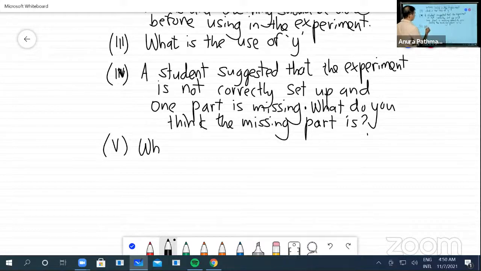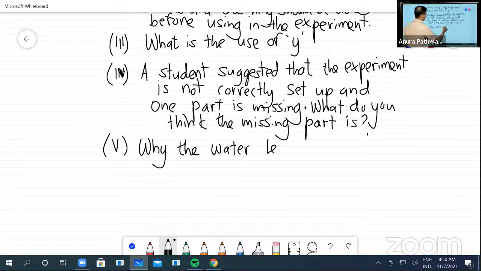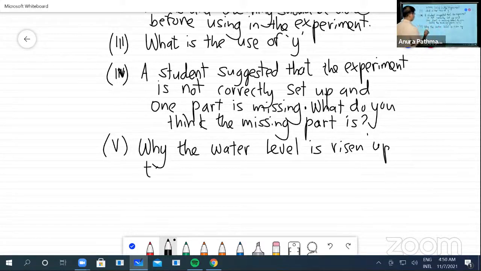Why the water level is risen up to X. Six. Why the water level is risen up to X.